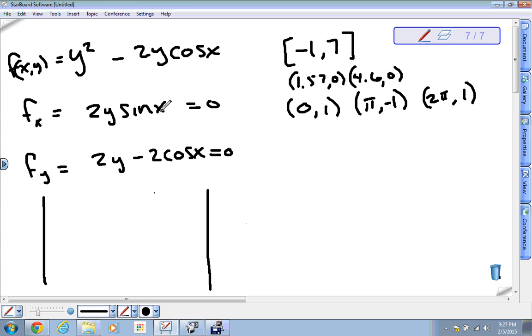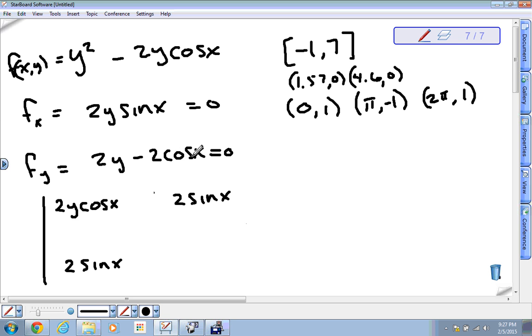So if you take the derivative of this with respect to x, you get 2y cosine x. Okay? If you take the derivative of this with respect to y, you get 2 sine x. You also get that down here.